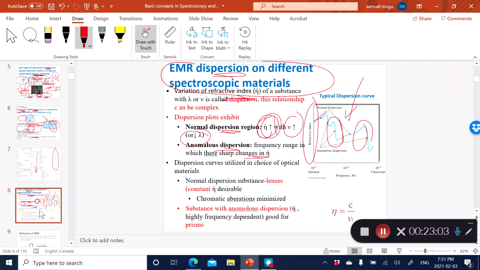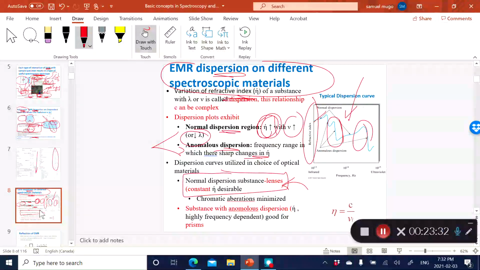And so depending on the type of material, or how light is behaving for that type of material, you can actually use it as a component in spectroscopy. For example, the normal dispersion behavior is best used for lenses. And of course, you're going to see lenses are critical components in spectroscopy.